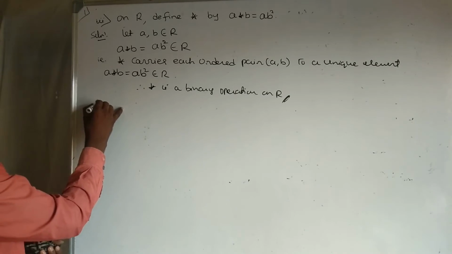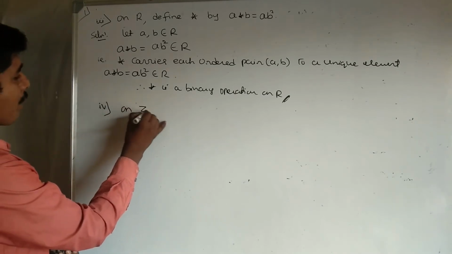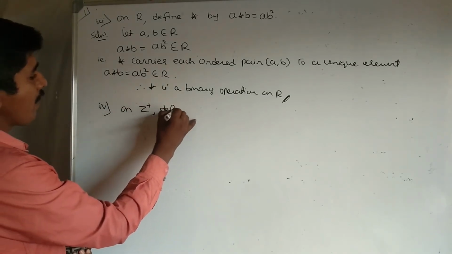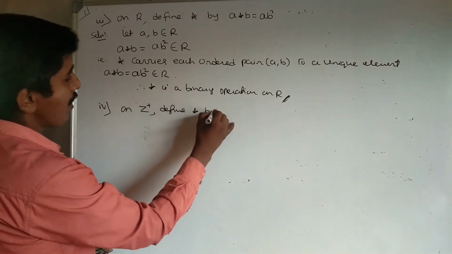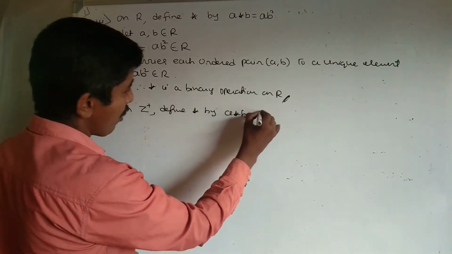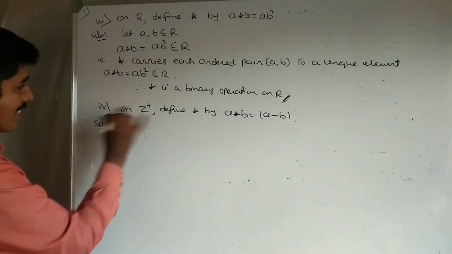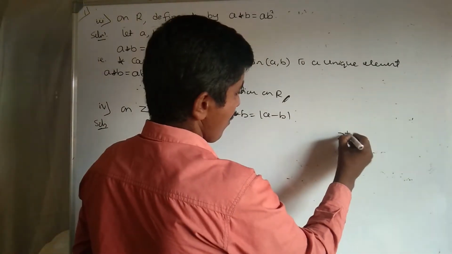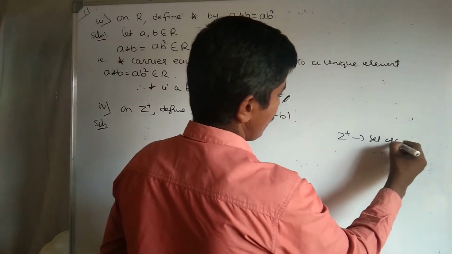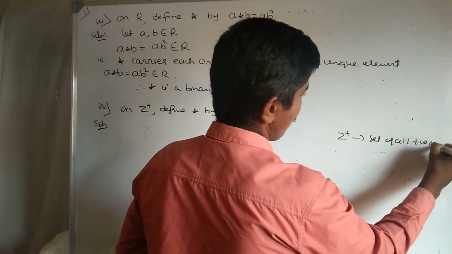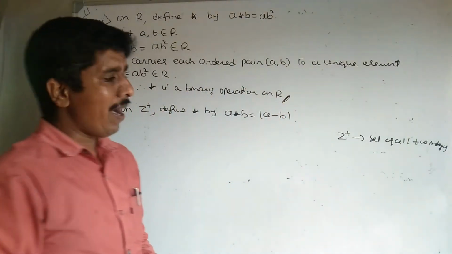Next, the fourth one. On Z plus, define star by a star b equal to modulus of a minus b. Here Z plus means the set of all positive integers.